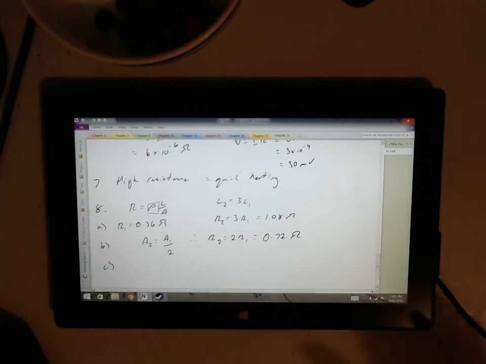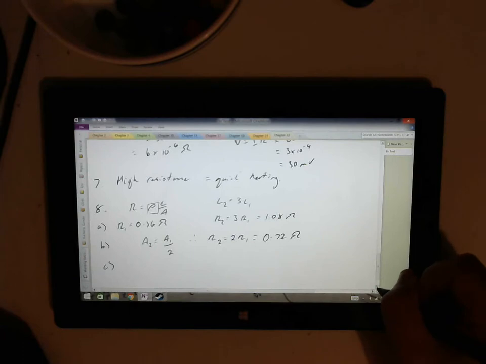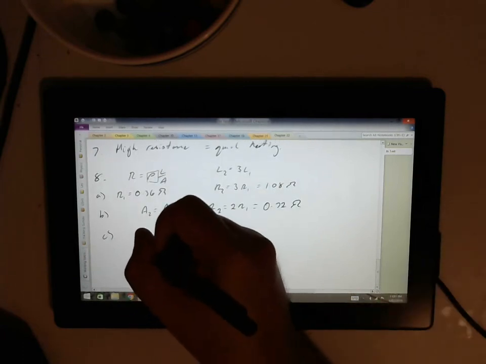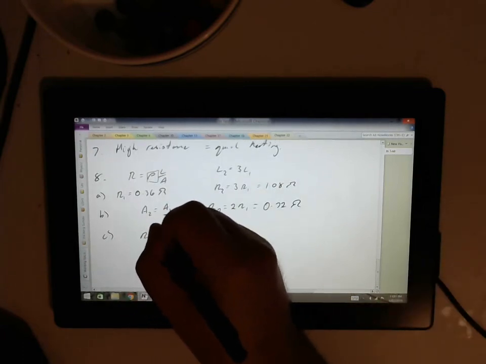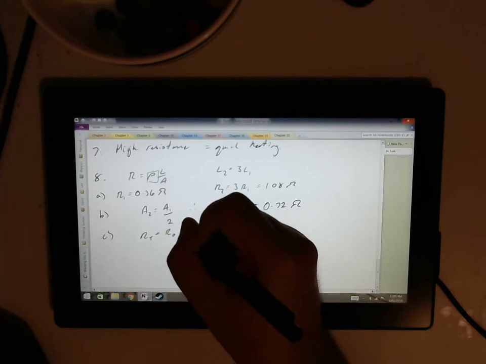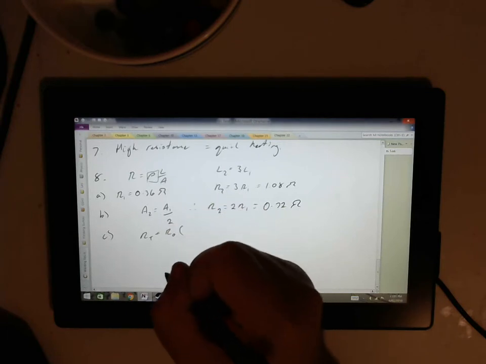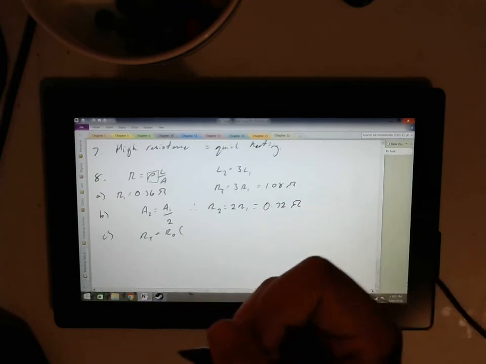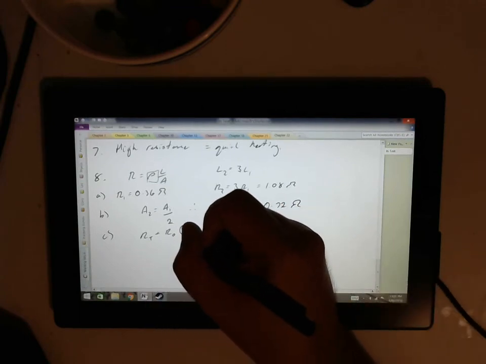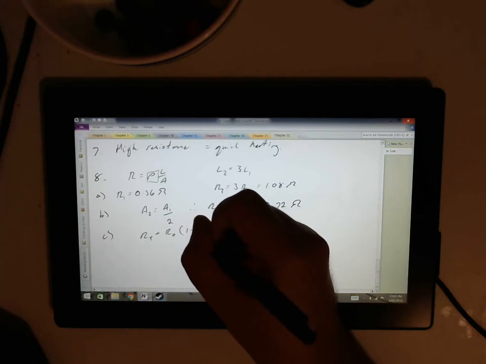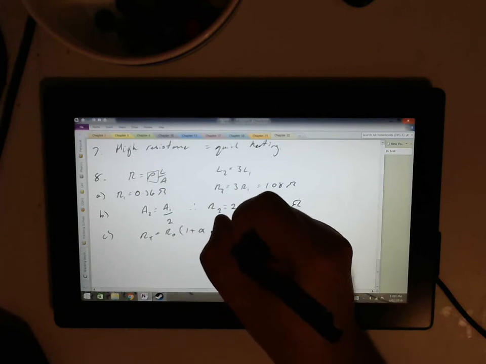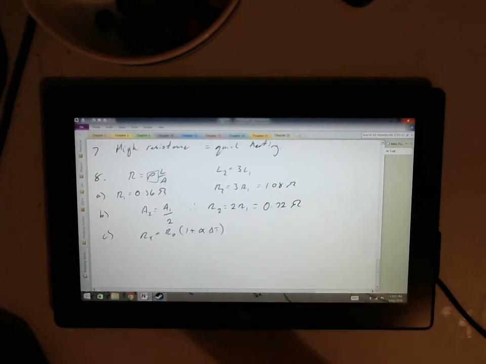Now, there is a formula given to us on a previous page that the resistance at a temperature equals the original resistance, which is based at 0 degrees. Okay, so that's at 0 degrees Celsius.